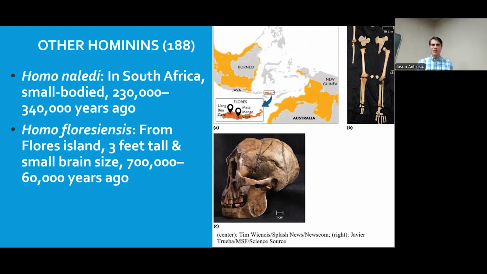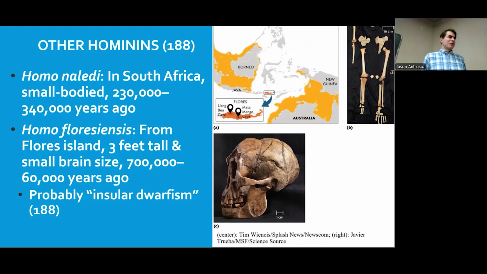They're about 3 feet tall with pretty small brains, and seem to have made it up to about 60,000 years ago. Their smallness seems to be a result of what is called insular dwarfism, or what can happen on islands when you don't have much interaction with other creatures over time, as the creatures can get smaller on an island.